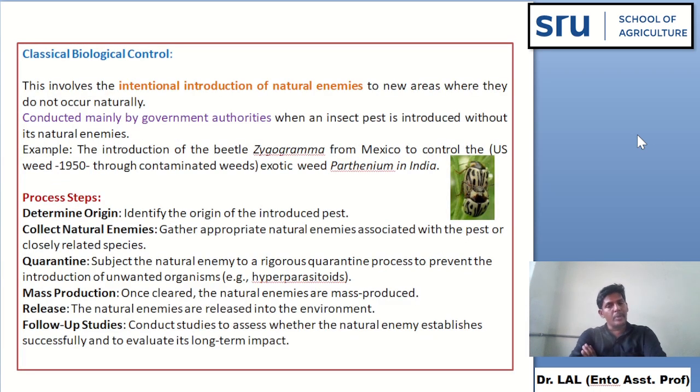Next, classical biological control. This strategy involves the intentional introduction of natural enemies to new areas where they do not occur naturally. This intentional introduction of natural enemies is conducted mainly by government authorities when an insect pest is introduced without its natural enemies.